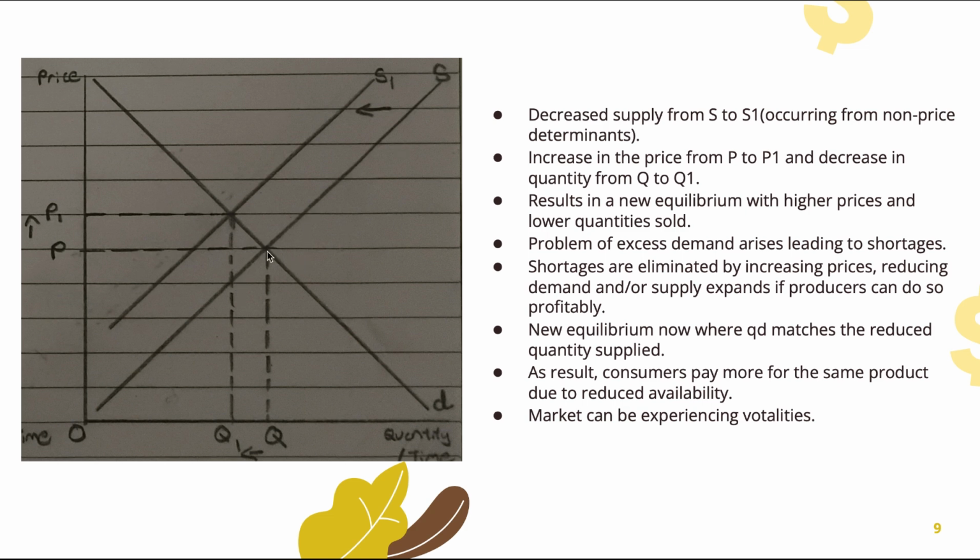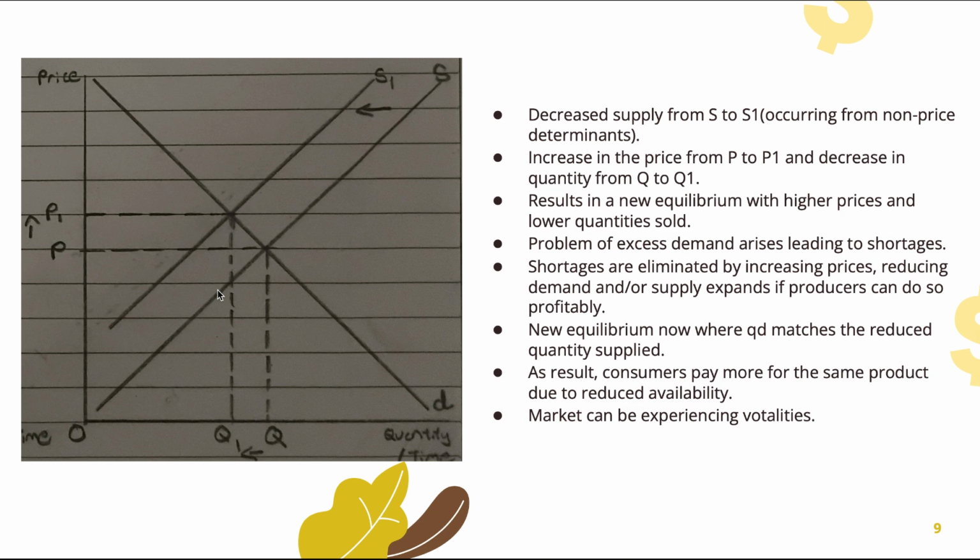At this point they were equal, but now the supply is here and the demand is there, so you can see that vertical distance. And it's for this reason that they need to increase the prices.